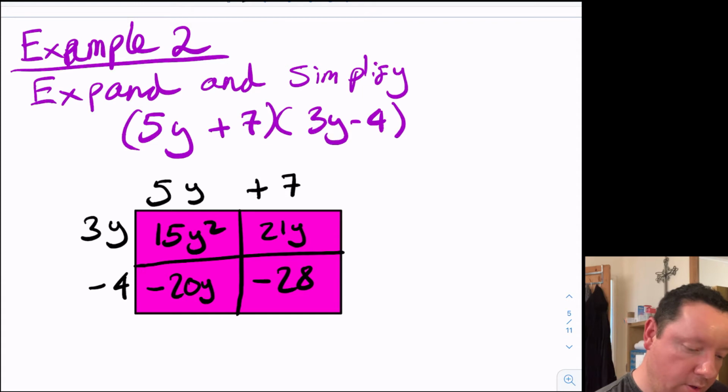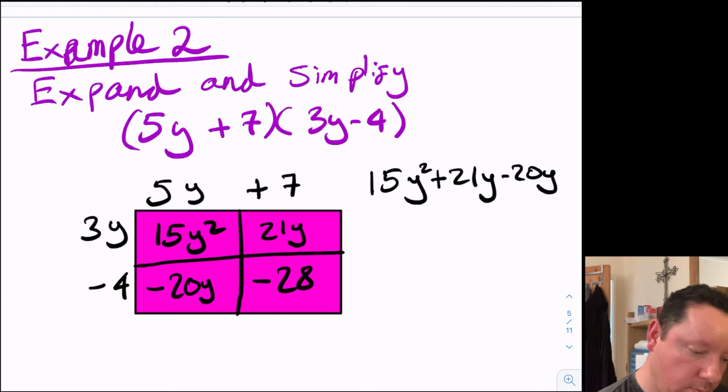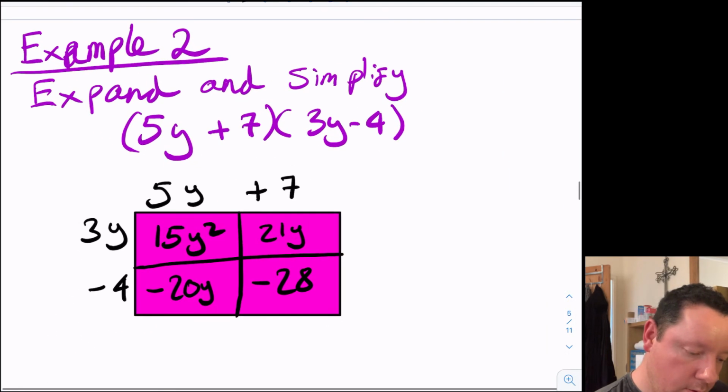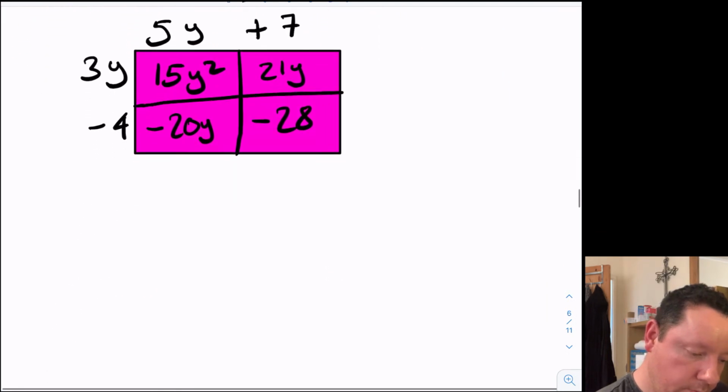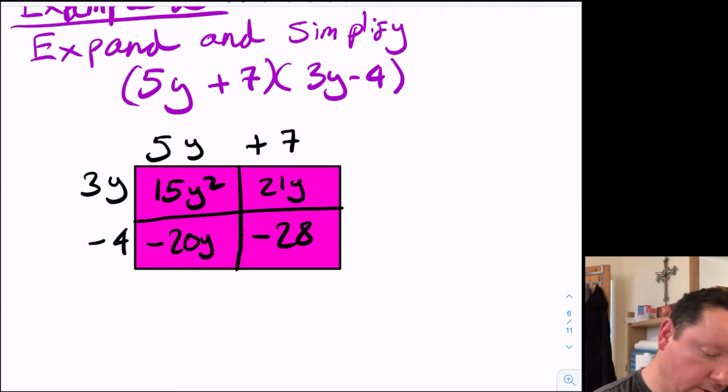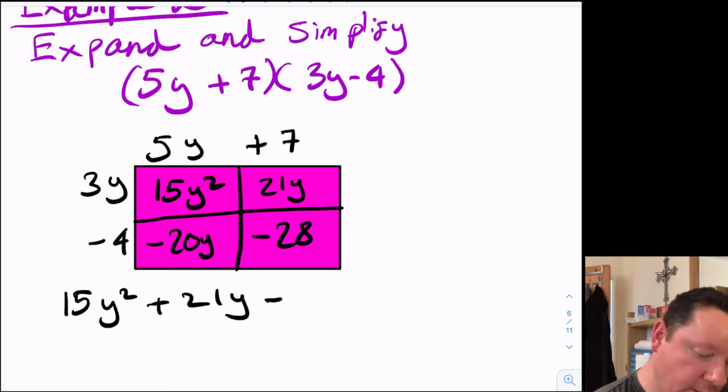Putting it all together, the final answer is 15y squared plus 21y minus 20y minus 28.